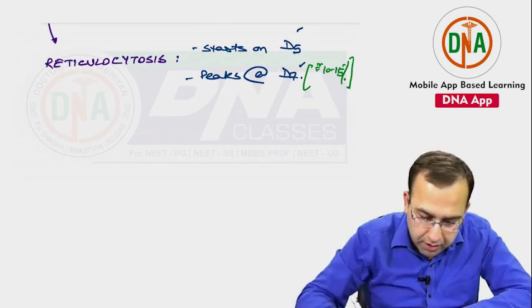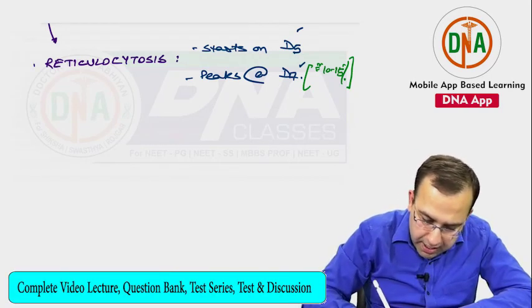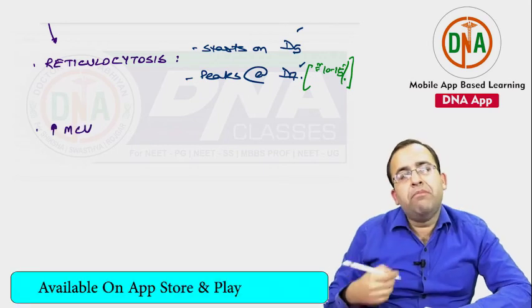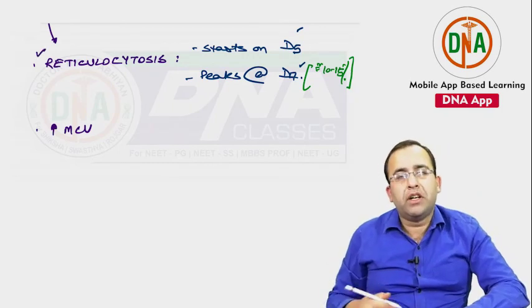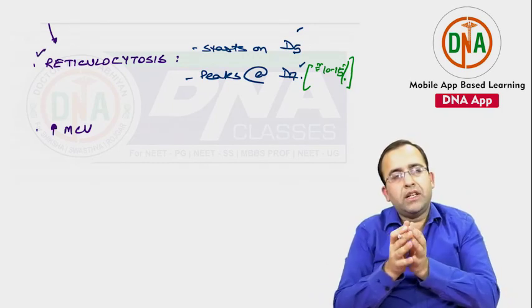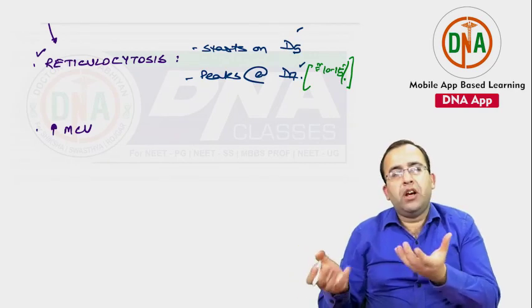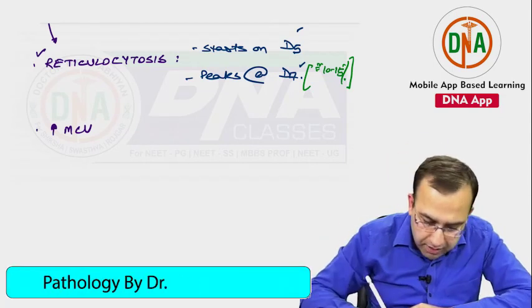Next point. There is also an increase in mean cell volume because of reticulocytosis. Reticulocytes were the immature RBCs which were present in peripheral blood. Immature RBCs will have a higher volume, so it is associated with increased MCV.